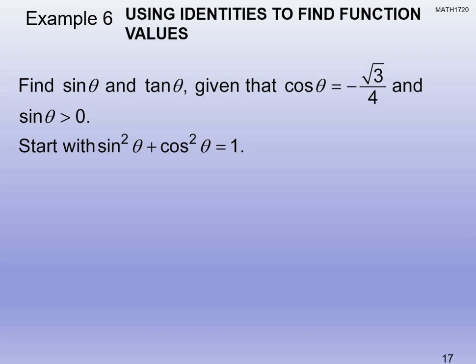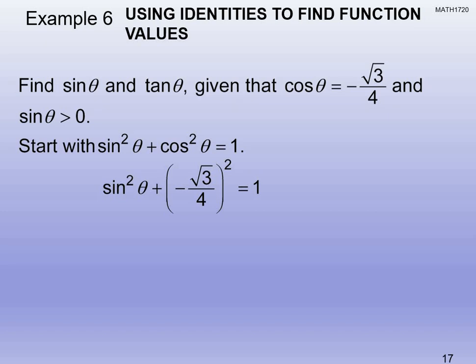If we use sine squared plus cosine squared equals 1, we know what cosine is. We can substitute what cosine is in for cosine and then square it. So negative square root of 3 over 4 replaces the cosine of theta. We're substituting it in, and we have to square negative square root of 3 over 4. Please remember, when you square a negative number, it's positive.